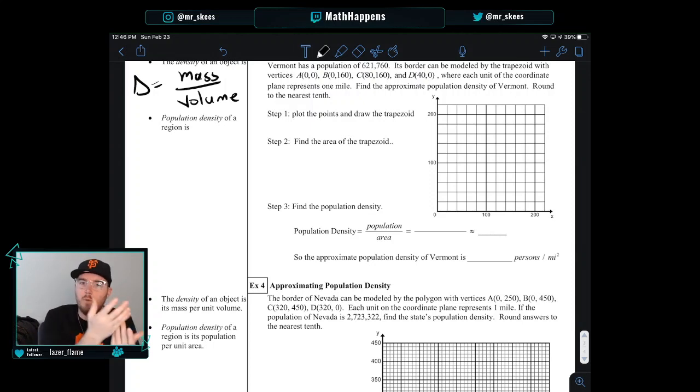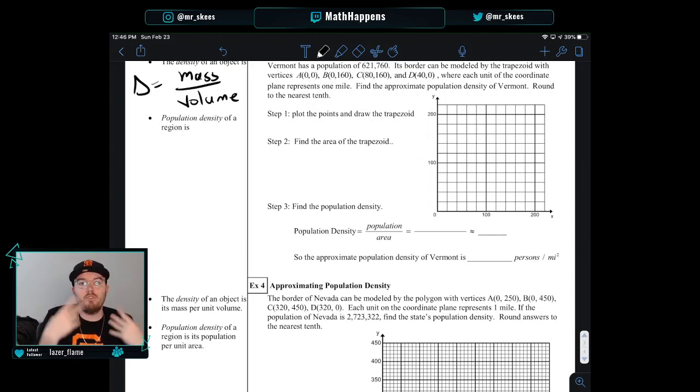Where softballs and baseballs are all the same size, when I'm talking about the size of a state, I'm talking about its area. Some states are much larger than others. For example, Rhode Island is very teeny. California literally takes up the entire side of the country. So their area is a lot different.